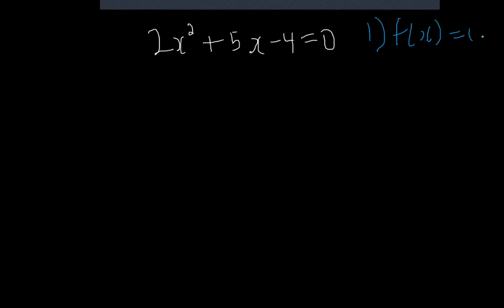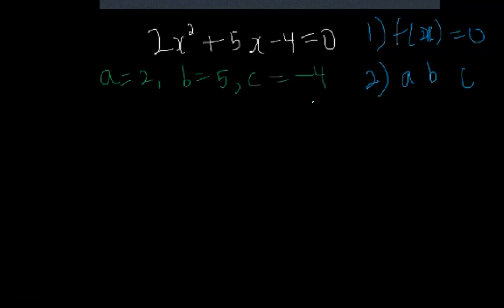This is equal to 0, right? Anyways, step 2, you identify A, B, and C. Anybody tell me what's A, B, and C? A is 2, B is 5, and C is negative 4. Yes, nice.